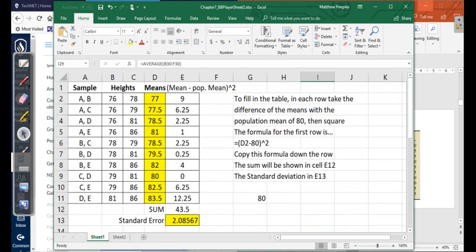If we look at the average deviation of each of these sample means away from the population mean of 80, we call that the standard error. That's the standard deviation of all of our means in our distribution.